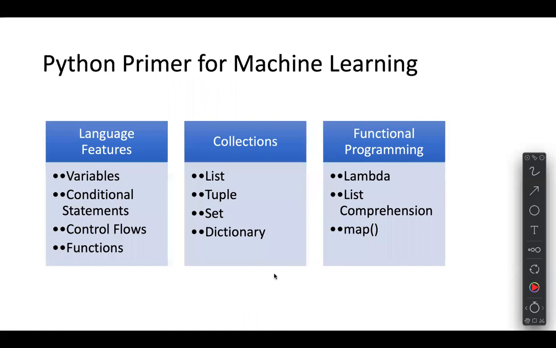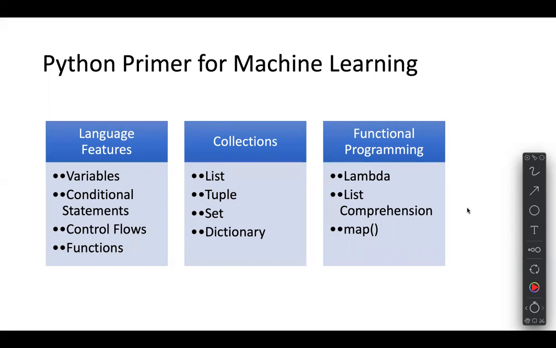So today's objective is to introduce you to these features of Python. I have grouped them into three separate buckets. One is the core language features that should be familiar. Concept-wise, you would already know them because you would probably have come from some programming background: variables, conditional statements, control flows, and functions, right? But getting familiar with Python syntax is essential here.